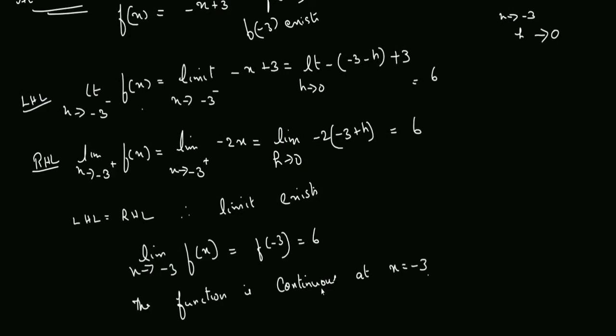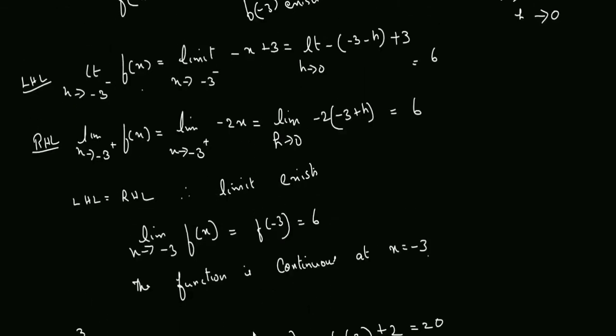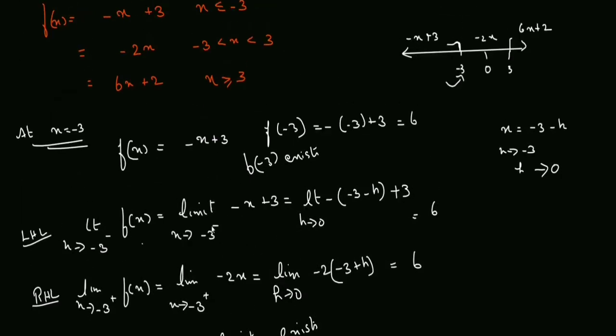Therefore the function is continuous at x equal to minus 3. That means minus 3 is not a point of discontinuity. Now we have to check 3. The function at 3 also we have to check, because it is from minus 3 then plus 3 is given like that. So we have to check for 3.